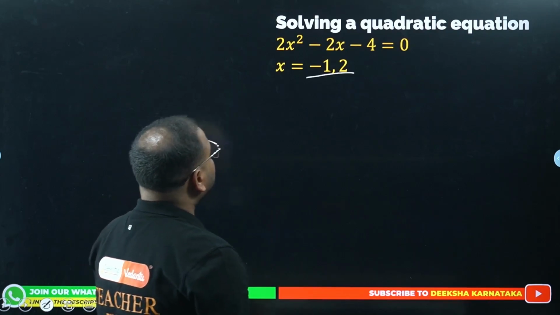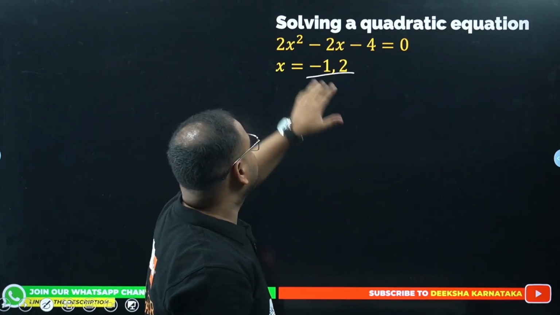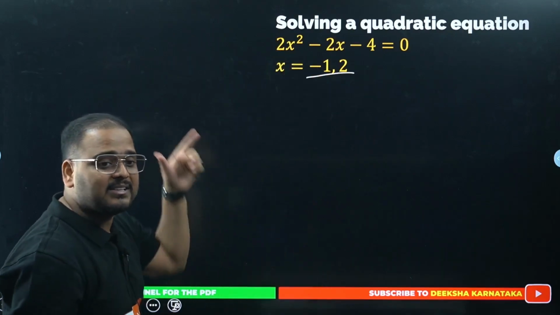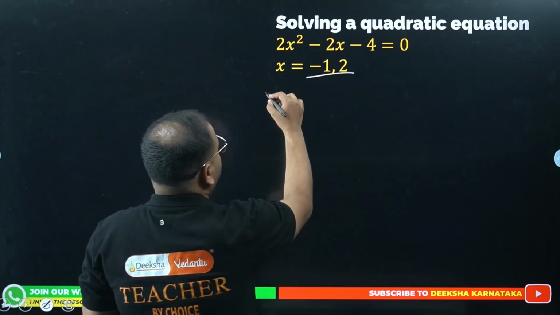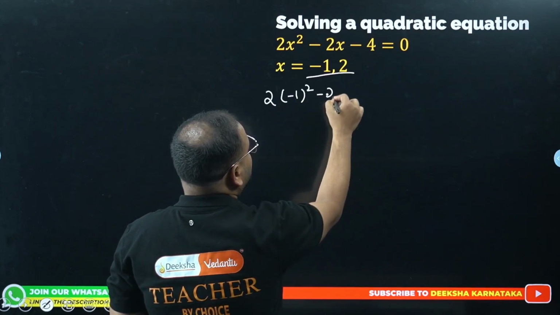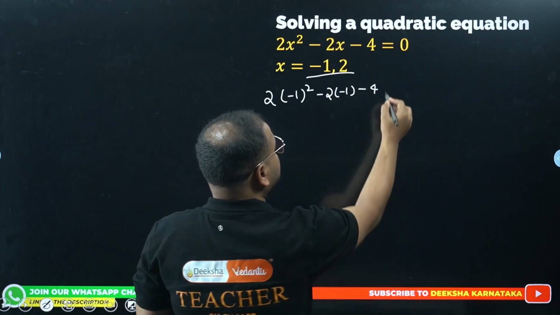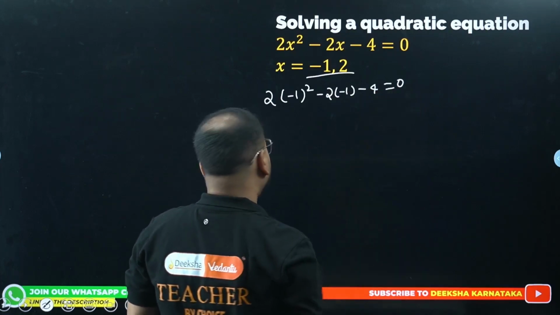I'll tell you. If you put x as minus 1 in place of all the x in the equation, let's check it out. 2 times minus 1 square minus 2 times minus 1 minus 4 equals 0.